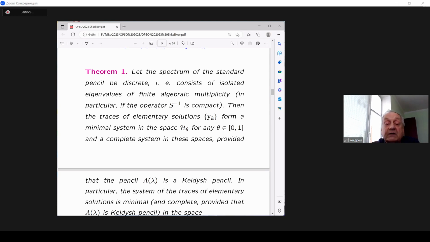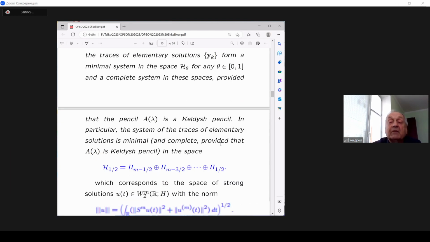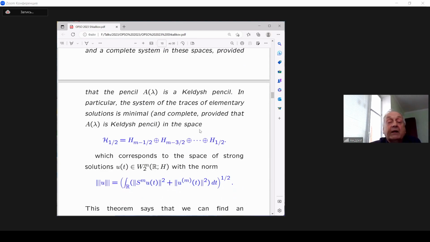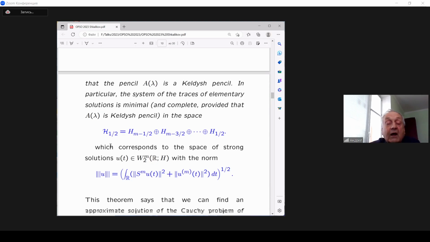And it forms a complete system in these spaces, provided that the pencil A(lambda) is a Keldysh pencil. In particular, the system of the traces of elementary solutions is minimal and complete, provided that A(lambda) is a Keldysh pencil, in the space with zeta equal to 1/2.